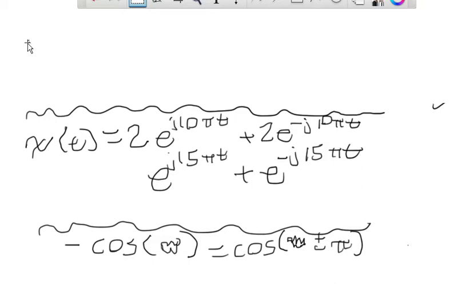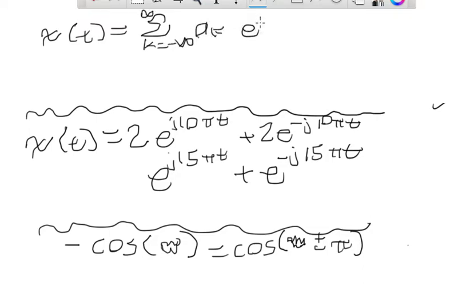The Fourier series in its most general form was this sum over k, a_k, e to the j omega naught k t. The omega naught here, that's clearly, again, 5 pi radians per second, or whatever your time unit is. But this expression we have here is already in this form. You can read off the Fourier series coefficients.